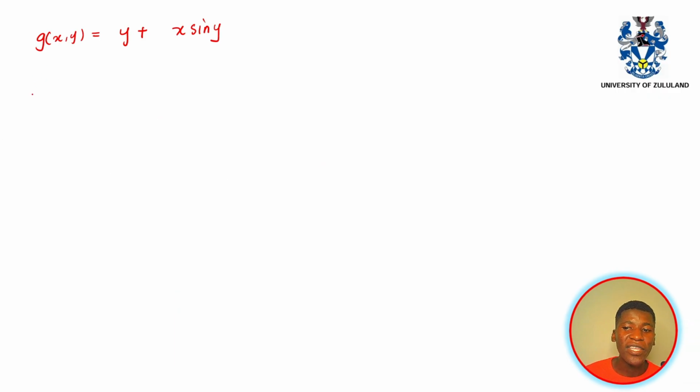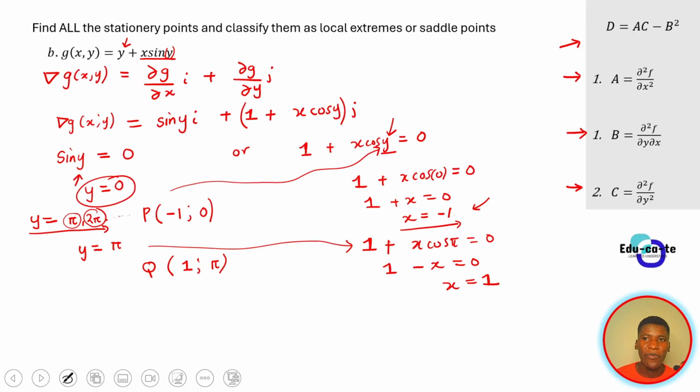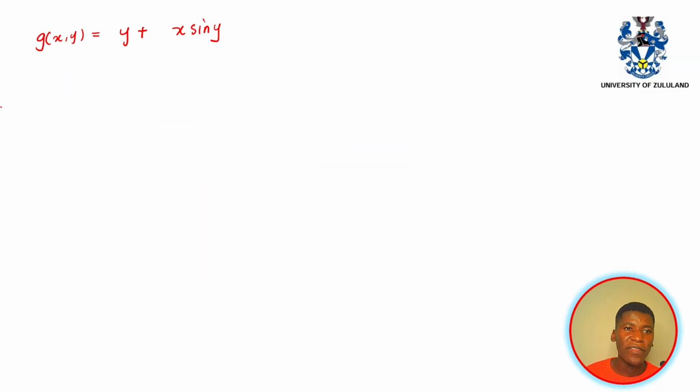So remember, to do this second partial test, the number 1 thing you have to do is to find the value of a. The value of a is the second partial derivative of the function with respect to x.